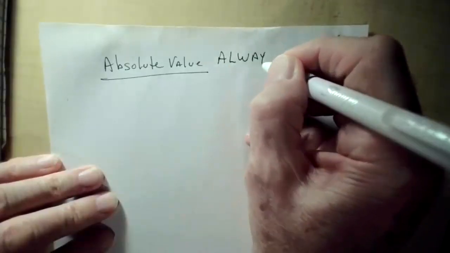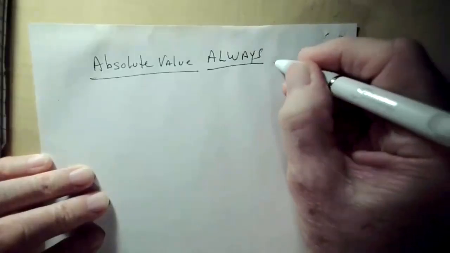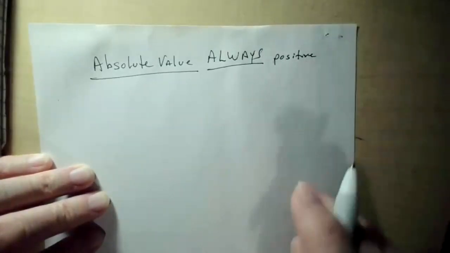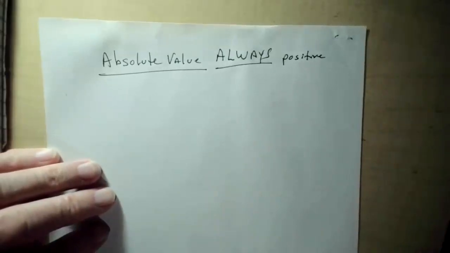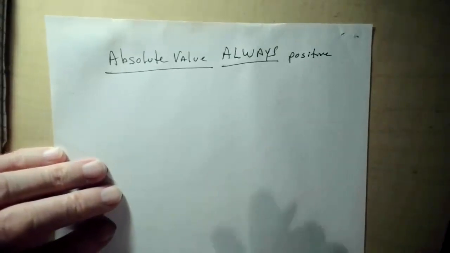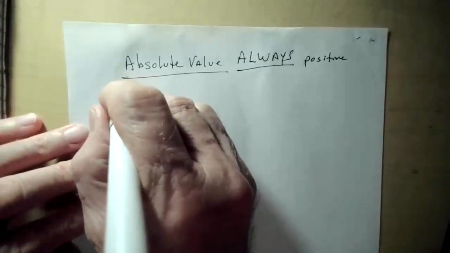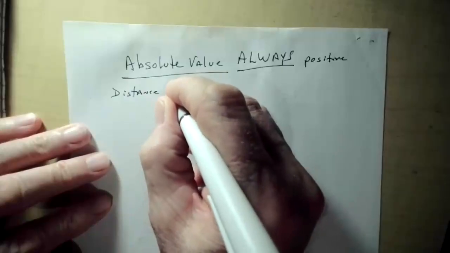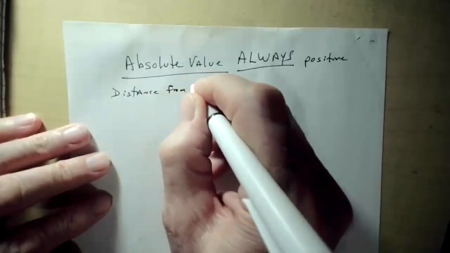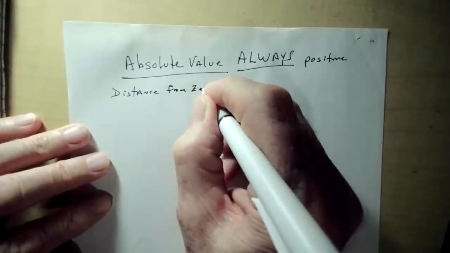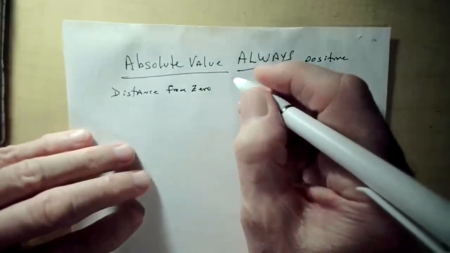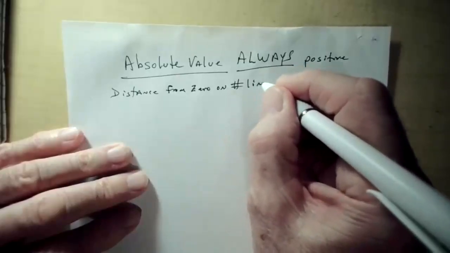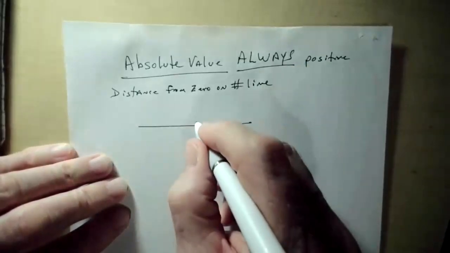Absolute value. Absolute value is always positive. Always a positive number. Because what does absolute value really mean? The distance from 0 on the number line.